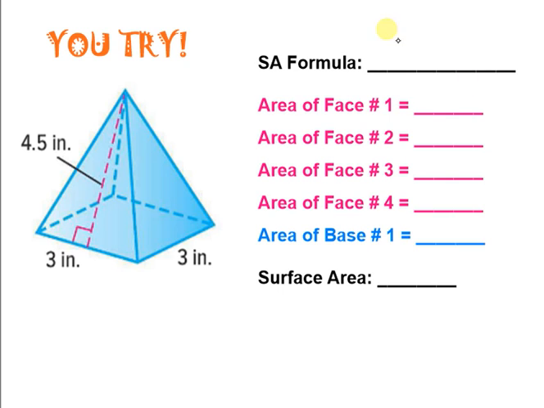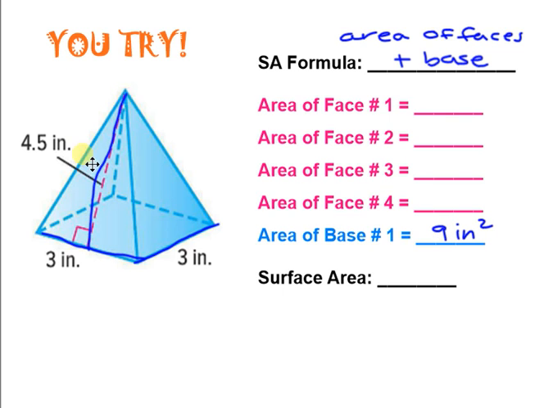Alright, next one. So my formula here is area of faces plus base. I'm going to start with my base first. So again, I have a square, so 3 times 3, that's going to be 9 inches squared. My height here is 4.5. So for my face, I have a base of 3 and a height of 4.5. So 3 times 4.5 times 0.5.